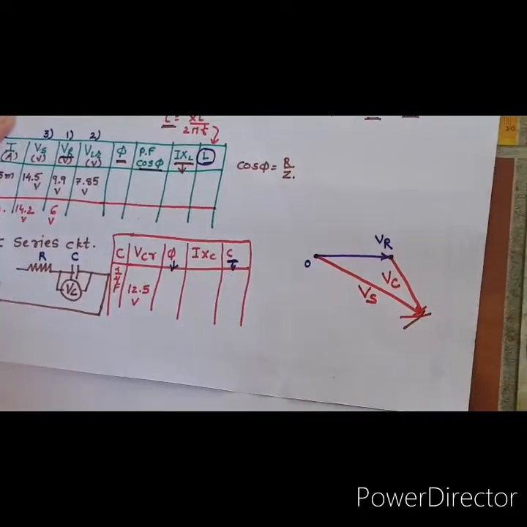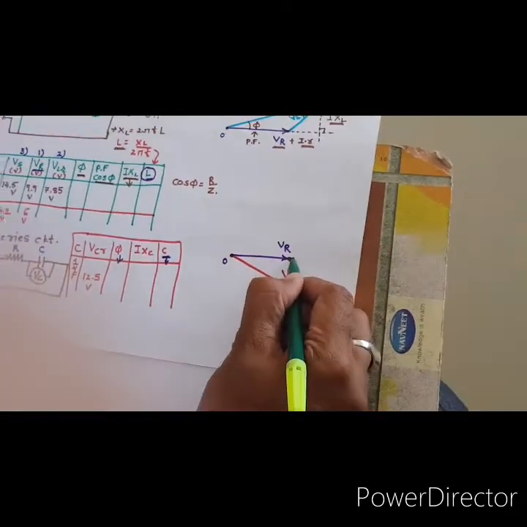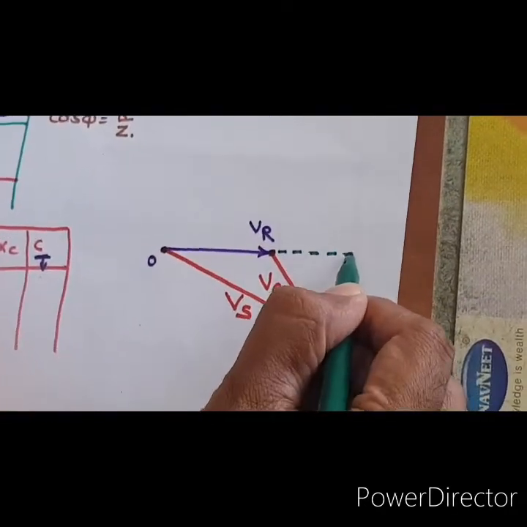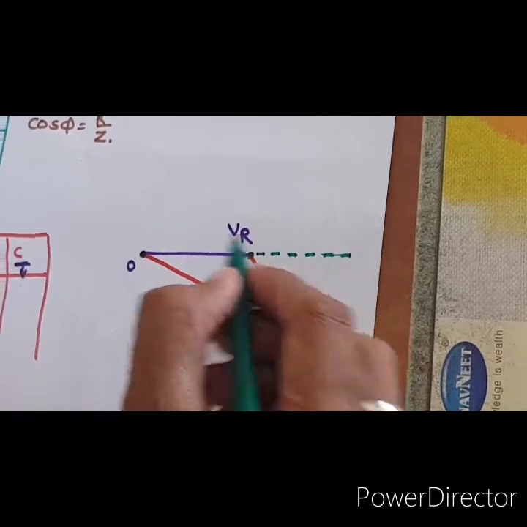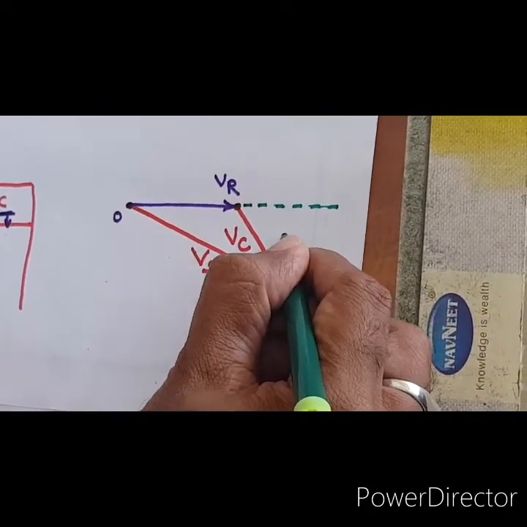The third stage is common. We take the horizontal line along the x-axis and a perpendicular line.